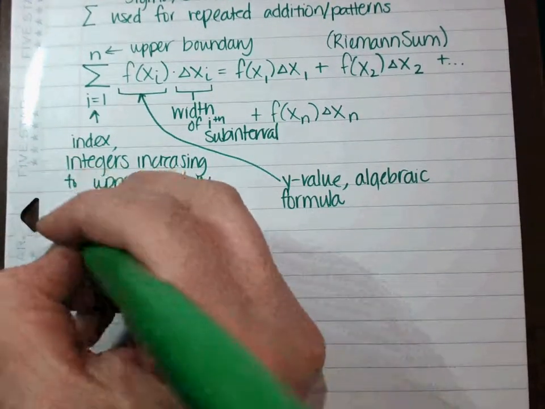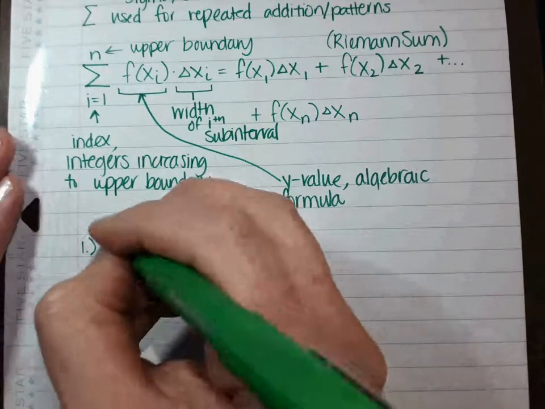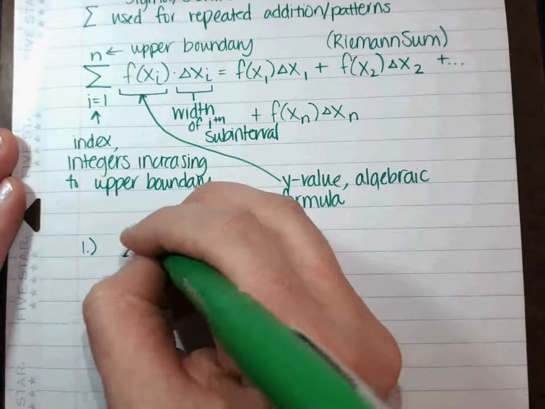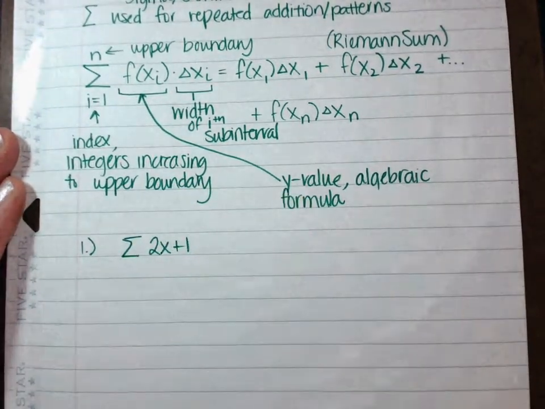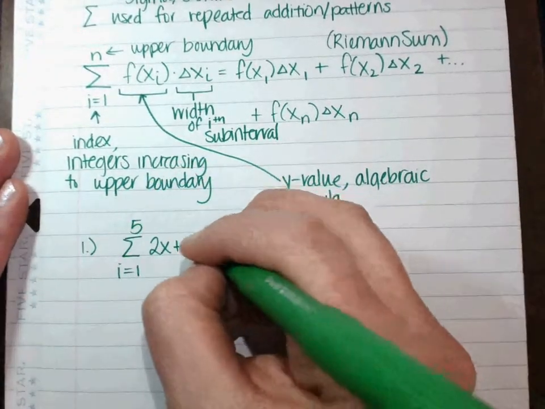So let's say, example, I think we're only going to do 3 of these. Okay, first one, let's go from the summation of 2x plus 1, and let's go as i goes from 1 to 5.